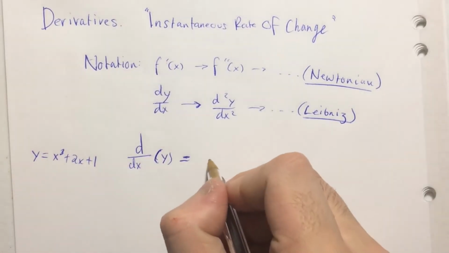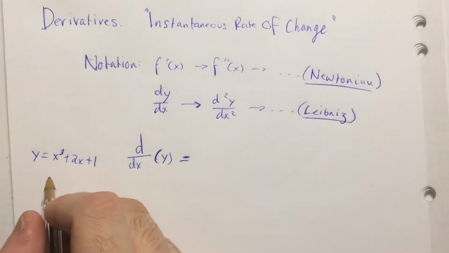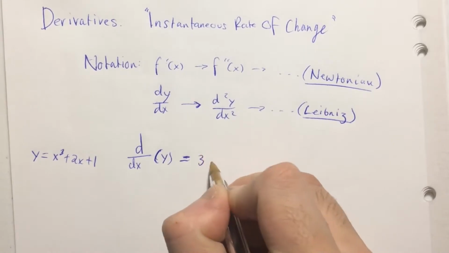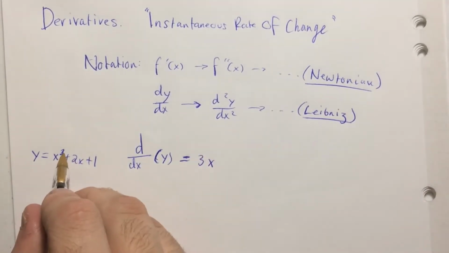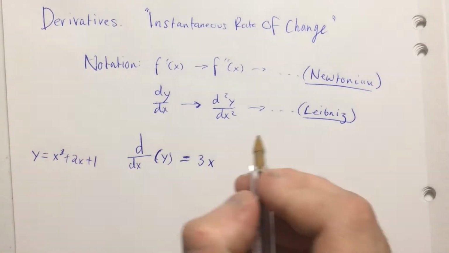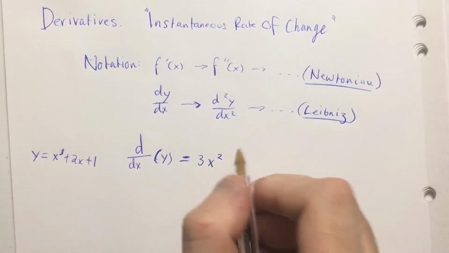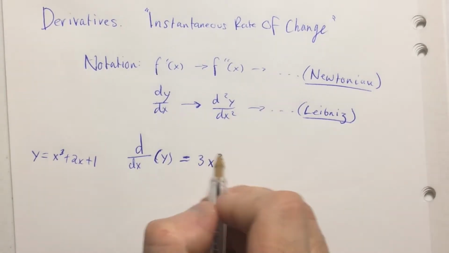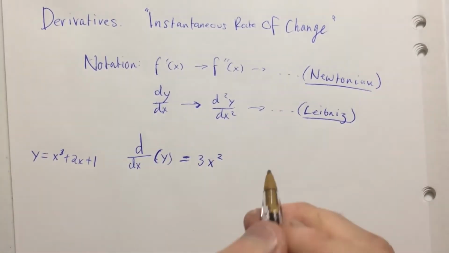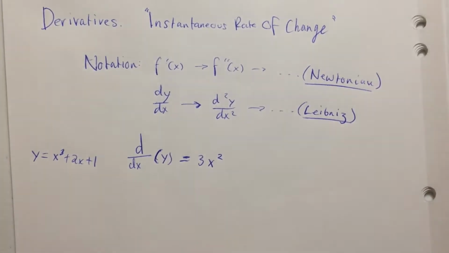So now it becomes 3 times x, but not x cubed, it's x to the power of 3 minus 1, which is 2. So basically you drop off one value of the power and you bring the original power out the front. Alright, so we've taken the derivative of the first term.